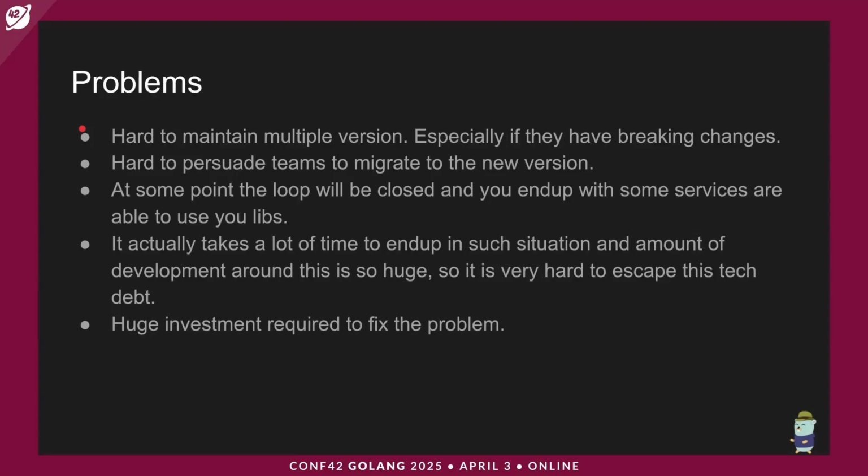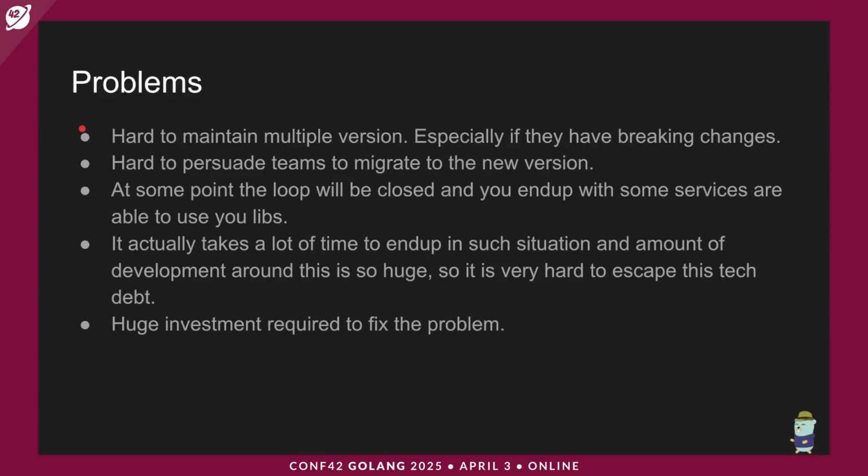It actually takes a lot of time to end up in this situation. This is a problem because what I described didn't happen in a day or a week. It happened over a year or a couple of years. And then this situation evolved. You may develop more code in service A with this old dependency on the old library. And at some point, it's super complicated to avoid this technical debt or get out of it.